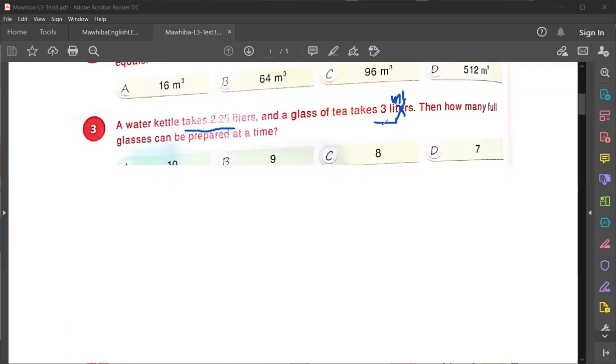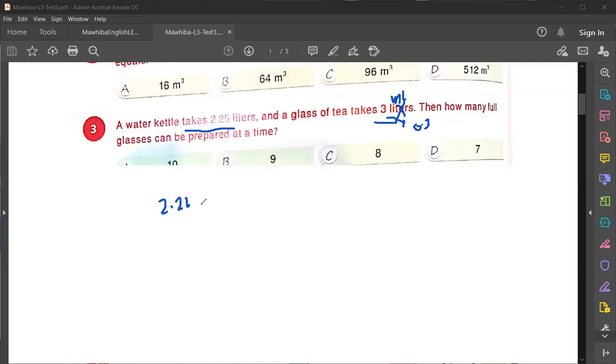So when you change to liters, it is 0.3, divided by 0.3, right? So now we divide it. We have 2.25.